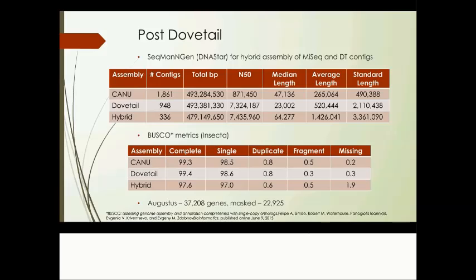The way that we did this was using SequelEngine in a hybrid assembly of the Dovetail contigs with the MiSeq data. And we looked at the BUSCO metrics, using just Insecta for the reference genes at each step, and we have a relatively complete assembly as far as the genes that are there.